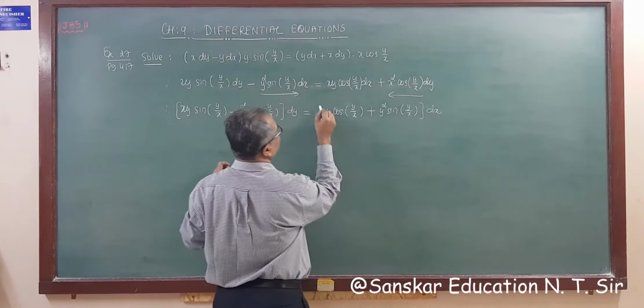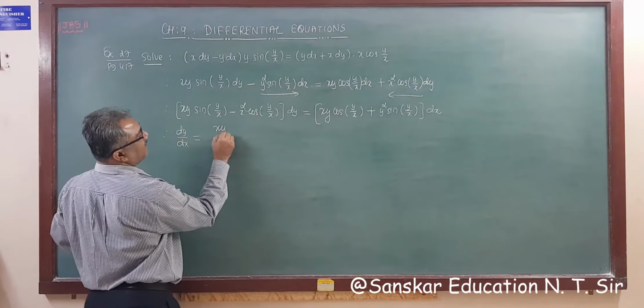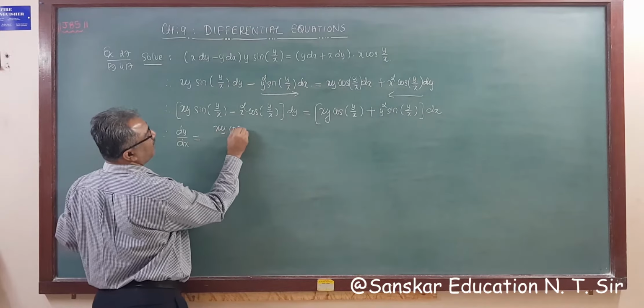Expressing this in dy by dx form, dy by dx is xy cos y by x plus y square sin y by x whole upon xy sin y by x minus x square cos y by x.